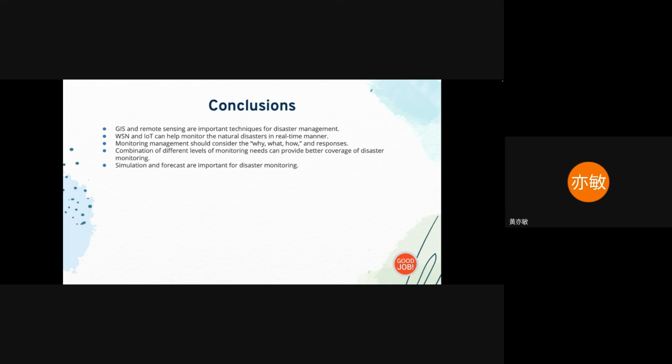And a combination of different levels of monitoring needs provides better coverage of disaster. And as I mentioned, I want to emphasize at the very end, simulation and forecasting are really important, but we need to rely on accountable monitoring data.